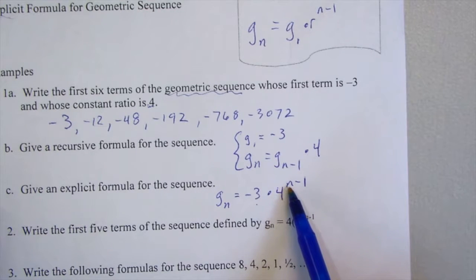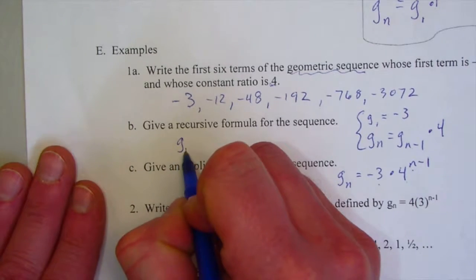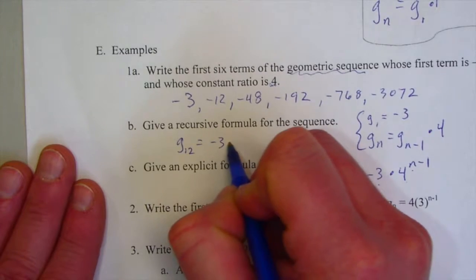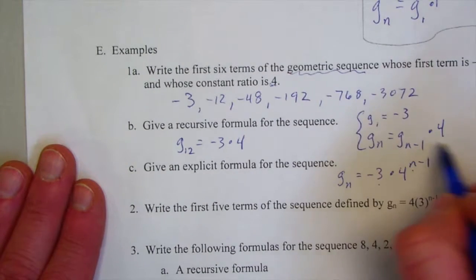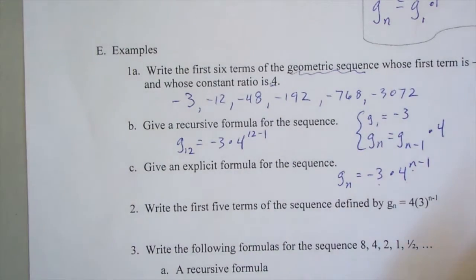So for example, let's say I ask you, hey, what's the 12th term? Well, all you'd have to do is plug in a 12. So if I wanted to find the 12th term, it would look like this. G sub 12 is equal to the first term, which is -3, times the ratio, which is 4, to the power of the 12th term would be 12 minus 1, which is actually just 11, like that.